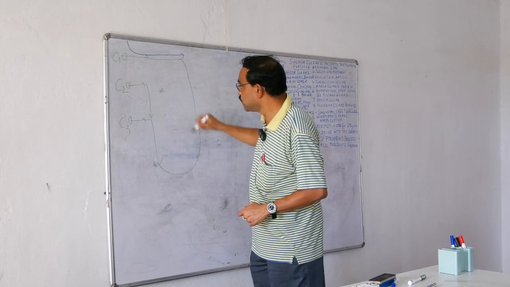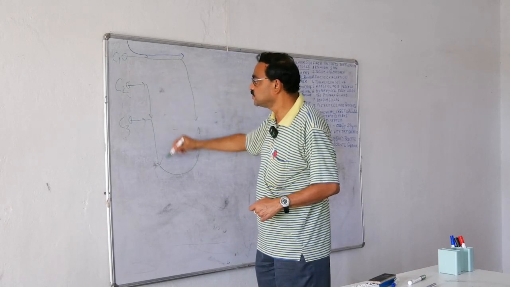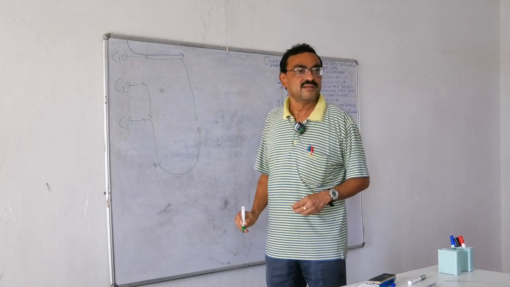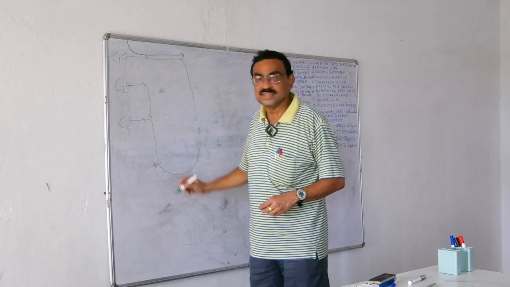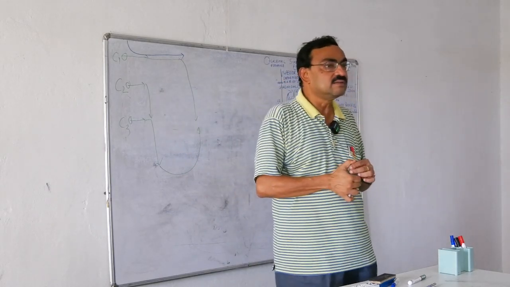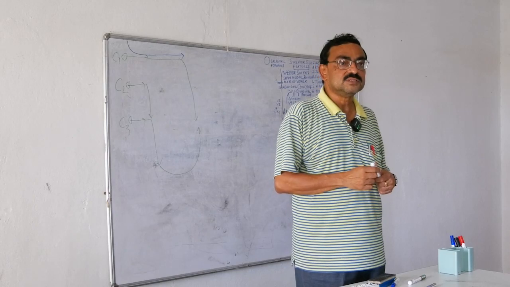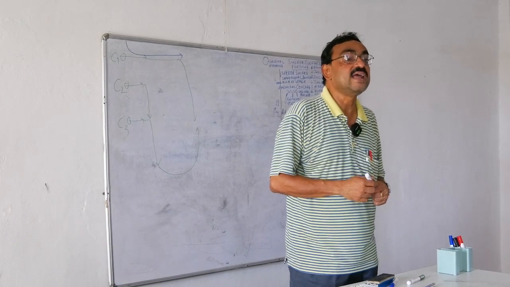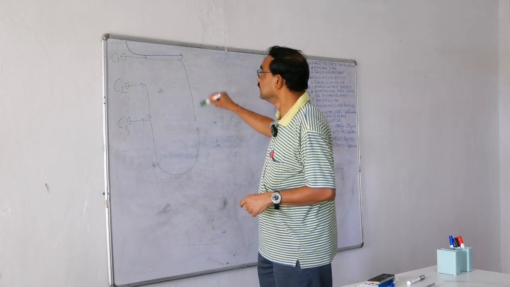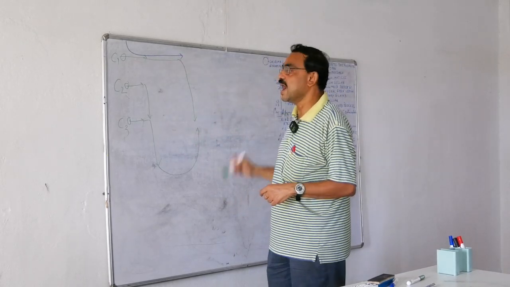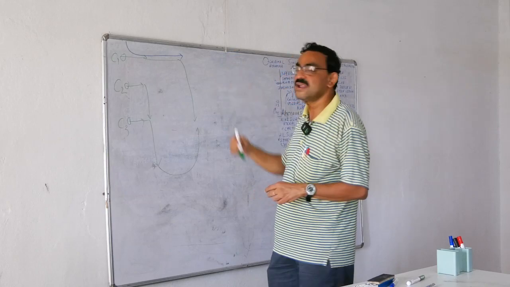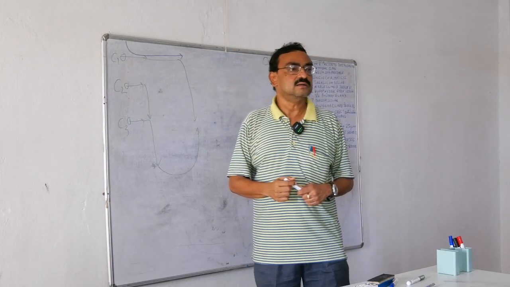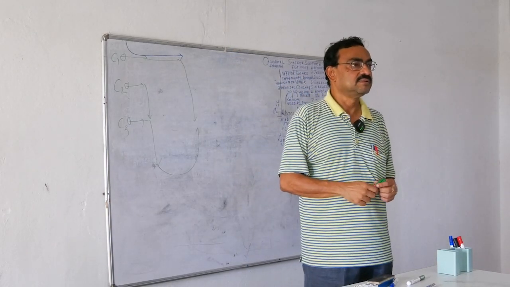And this one also descending, but they are purely from the cervical spinal nerves. So it is called descendens cervicalis. So this is descendens hypoglossi and descendens cervicalis.